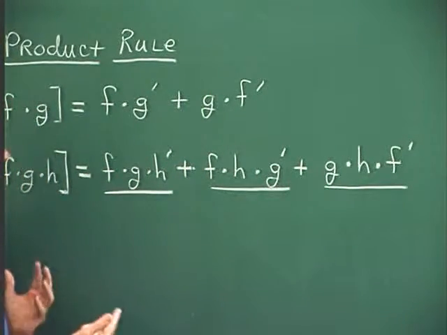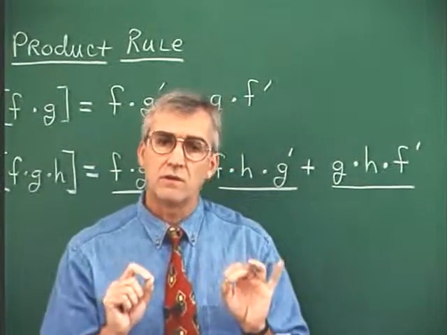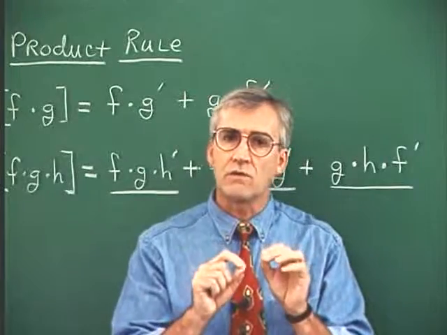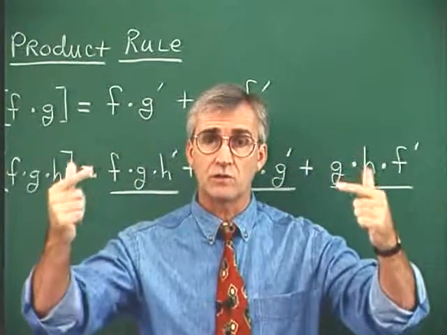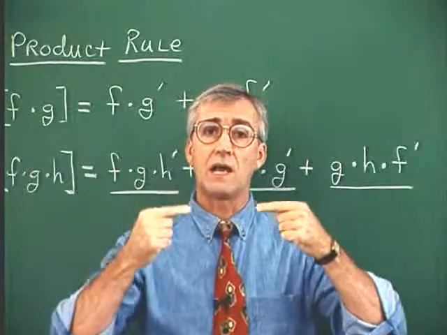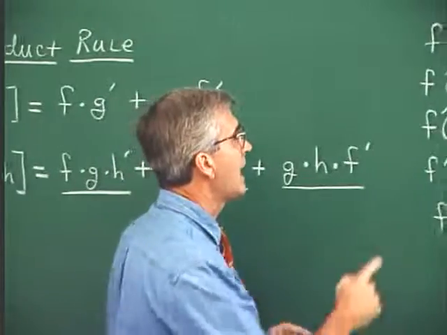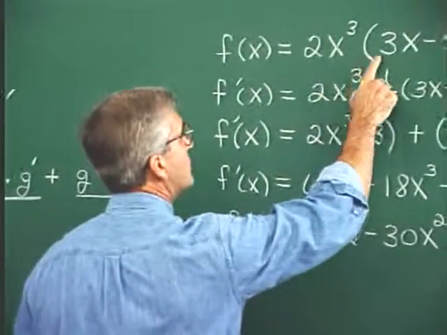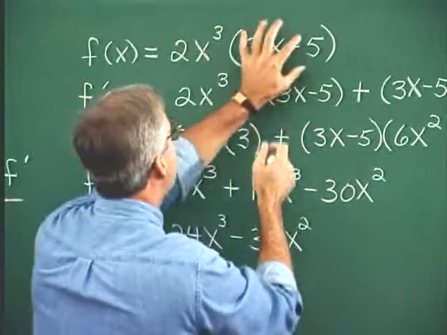So if we know that concept, then the way that we proceed is to write down the original function, identify that we need to use the product rule, and then apply the product rule symbolically, like this. If we have f of x is 2x cubed times 3x minus 5, we're thinking of this as a function and that as a function.